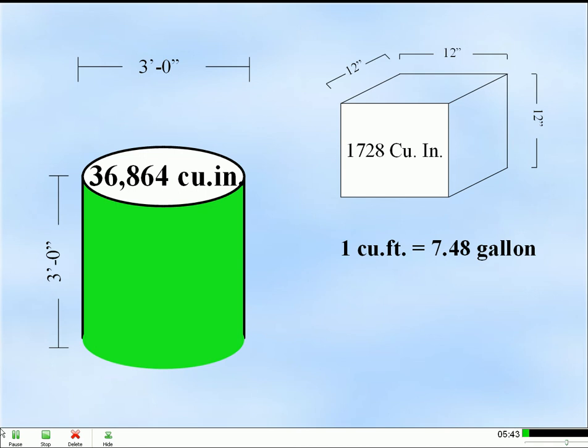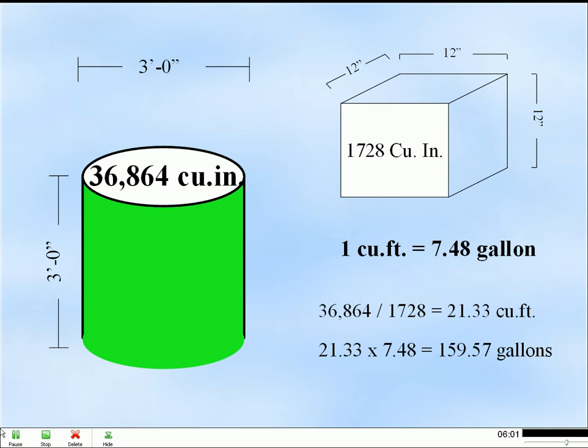Knowing this, we take the 36,864 cubic inches and divide by 1,728 cubic inches, giving us 21.3333 cubic feet of area inside the container that needs to be filled with water. Multiply 21.333 cubic feet by 7.48 gallons, the gallons in a cubic foot, and you will see we need 159.57 gallons of water to fill the container.